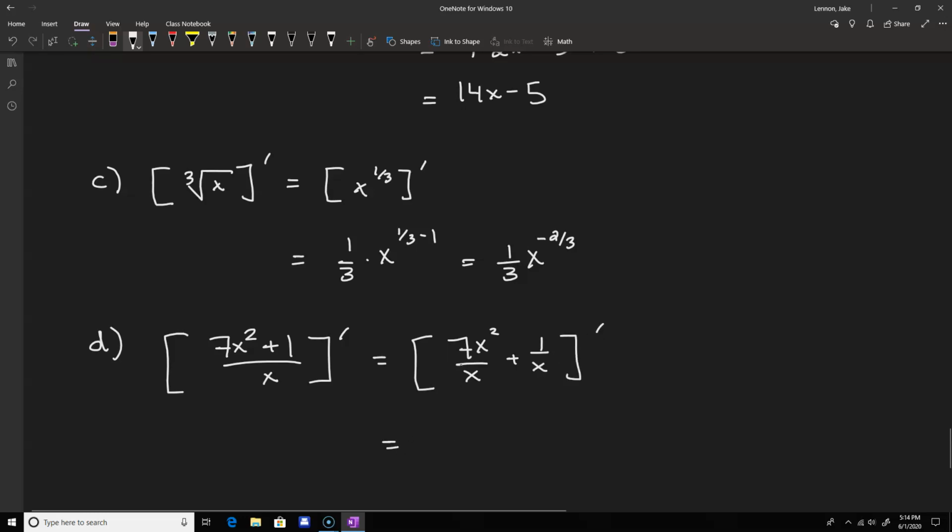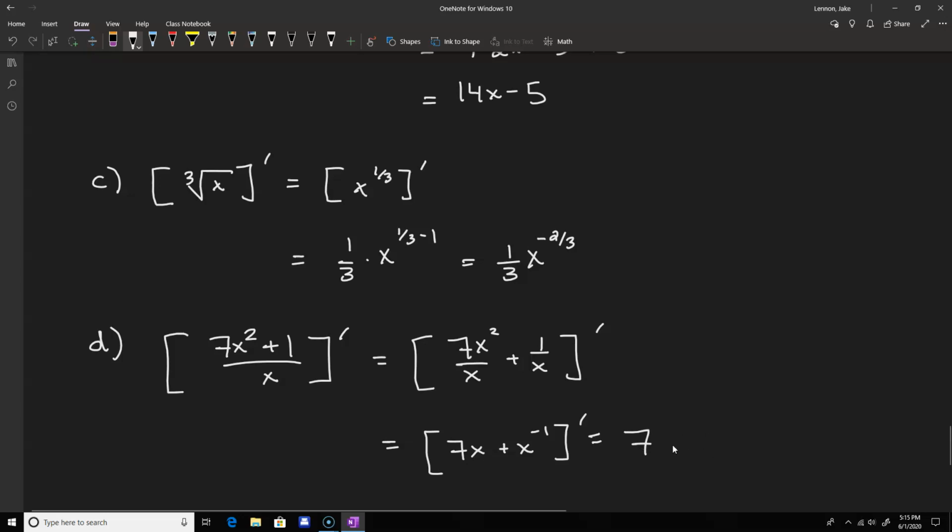And then I can cancel x, so I can actually just look at taking the derivative of 7x. And again, 1 over x, I'm going to rewrite that using exponent notation. So that's plus x to the negative first power. And then I can just take the derivative of both parts. So 7x is just a line through the center, so that has slope 7. So the derivative of 7x is 7.